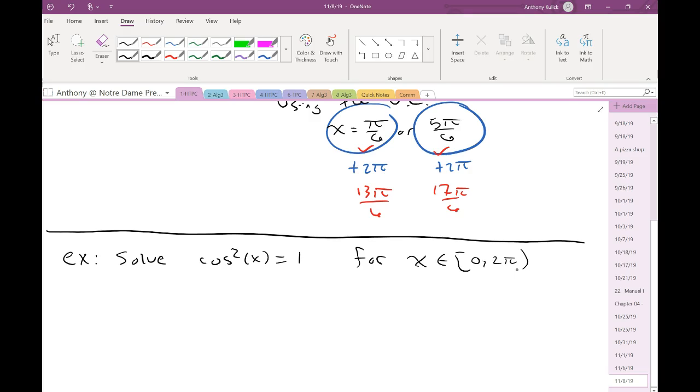So here we're specifying what answers we want. We don't want infinitely many of them. We just want the ones that are between 0 and 2 pi, right?